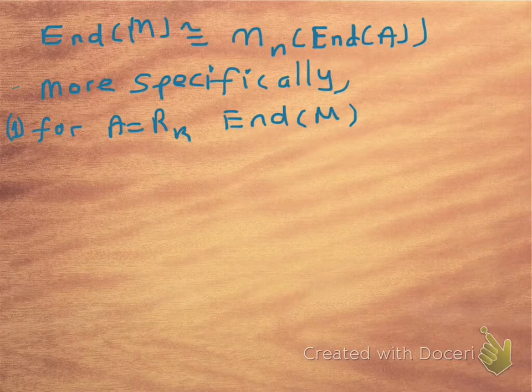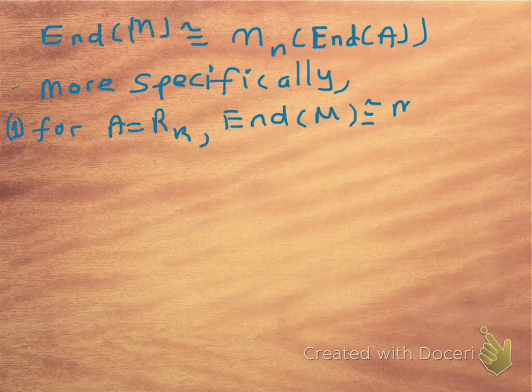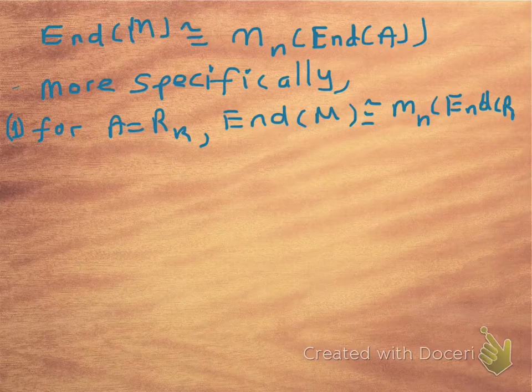Let's remember it. Now, what I've just said are actually two special cases of this fact that we stated above. For example, when you take A to be the ring R itself as a module over itself, then the endomorphism ring of M is simply the ring of n by n matrices over R. But we are saying n by n matrices over the endomorphism ring of R. So is there a discrepancy?